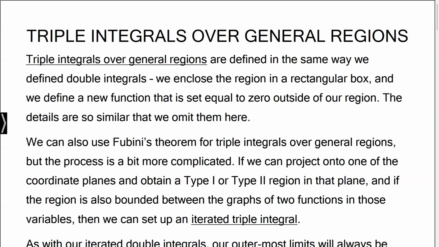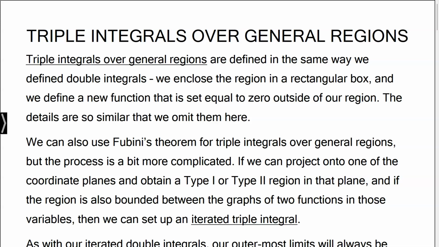And then if we fix that variable, we let a second variable range between two different values that are functions of that variable, and that would give us a two-dimensional region. And then we say, if we're in this two-dimensional region, what would the third variable range between? And it could be a function of those two variables. So it's just a little bit more complicated because of this extra dimension, this extra step.